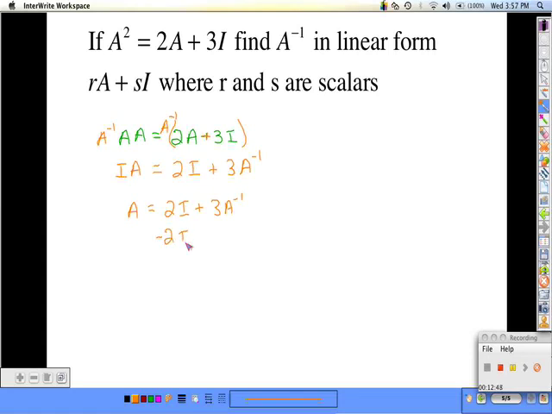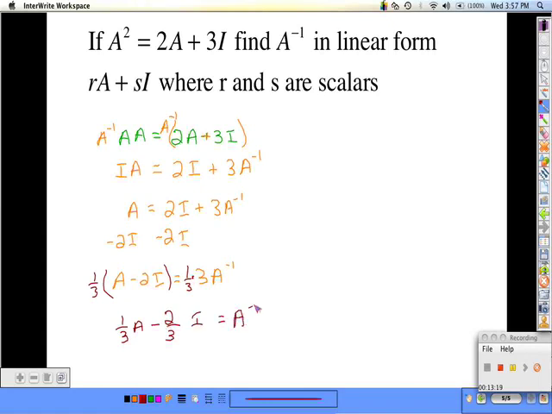I can subtract matrices, that's legal. One thing to know about matrices is there is no such thing as division with matrices. So we're not going to divide by 3 to get rid of this. We're going to multiply by 1/3. So we get 1/3 A minus 2/3 I is equal to A inverse.